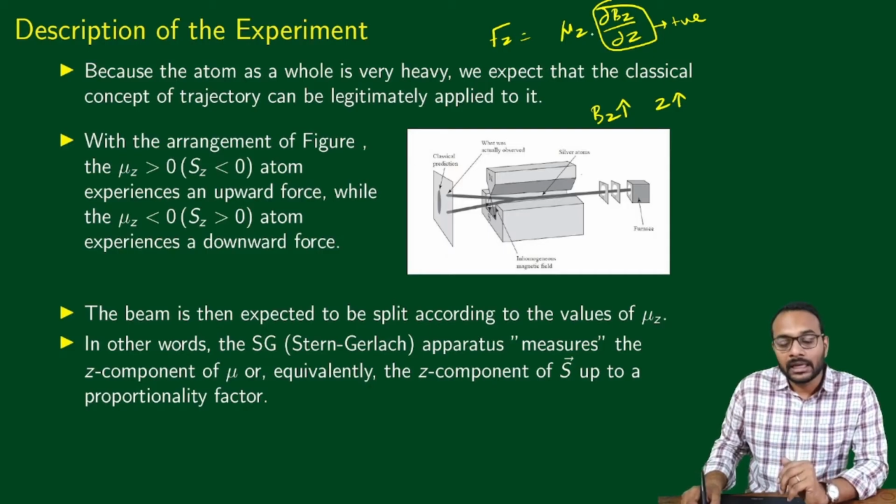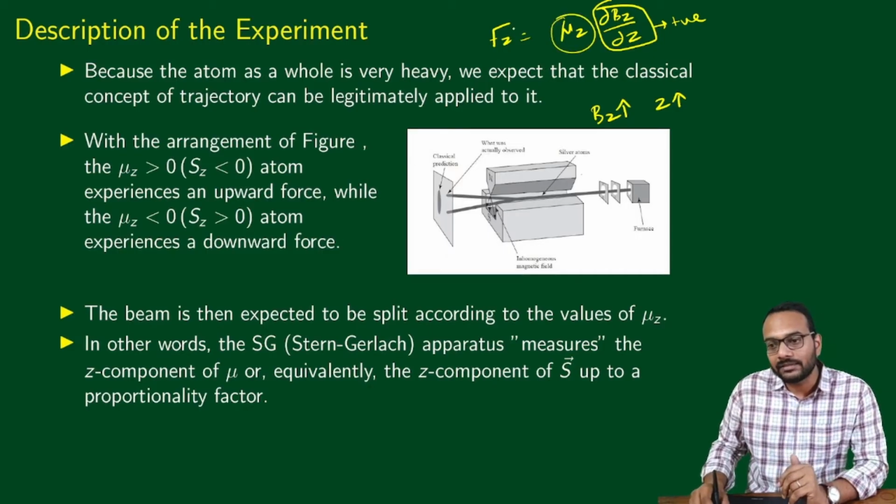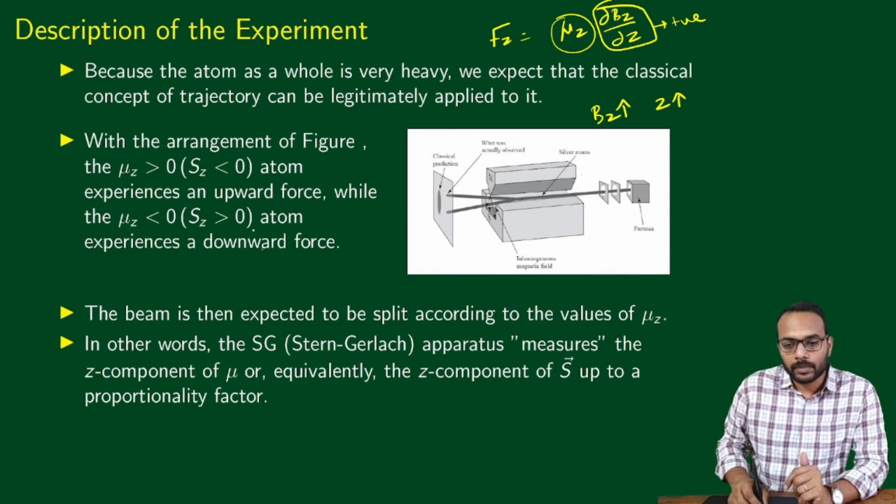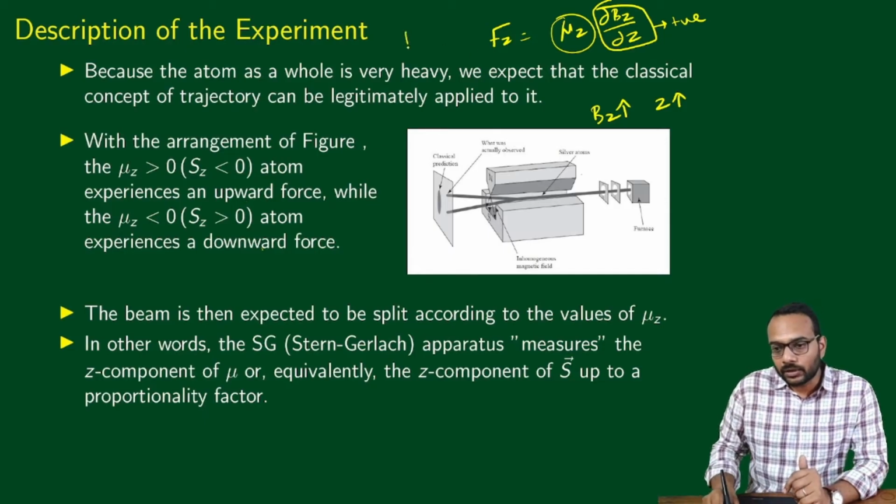This means that if mu z is positive, then Fz is also positive, which means that Fz is towards the positive z direction. If mu z is negative, the force is also towards the negative z direction. So in this case, we can call the positive z direction upward and the negative z direction downward.